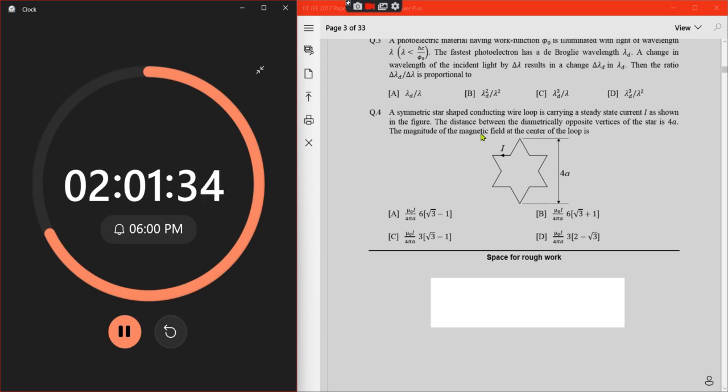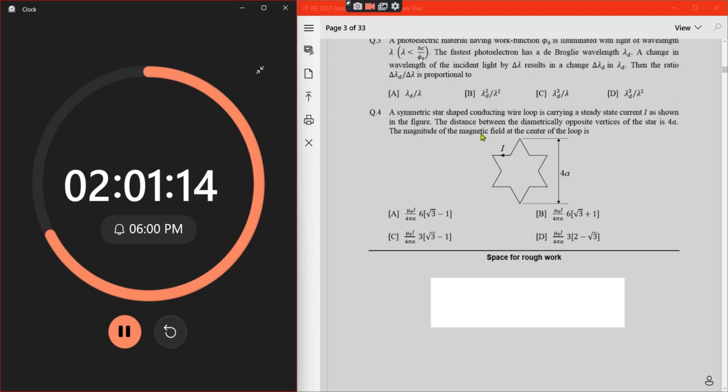The current is going in this direction, then r is in that direction, so you cross them. dl vector cross r hat, then upon r squared. This should be the thing.